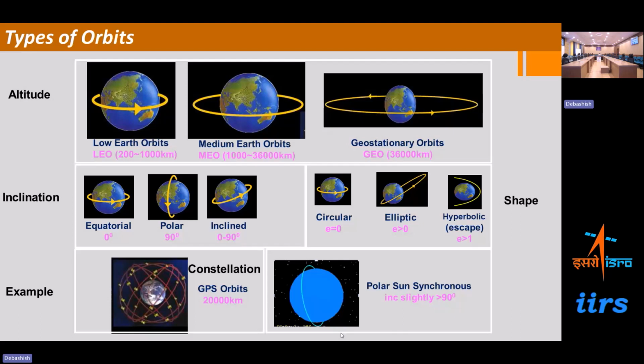Polar sun synchronous means its orbit motion is synchronous with the sun motion. If you place a satellite in an orbit of closely 90 degrees, slightly more than 90, say around 97 degrees based on the altitude, it makes a sun synchronous orbit. Its motion is synchronous with the sun motion. And these orbits are very popular for Earth imaging satellites.